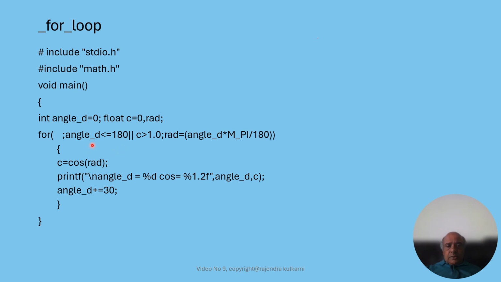When the angle exceeds 180, the loop will terminate. And another condition we are using is whether c is greater than 1.0, where c is the cosine of the angle expressed in radians. In this statement, c is equal to cos and into the bracket radian.